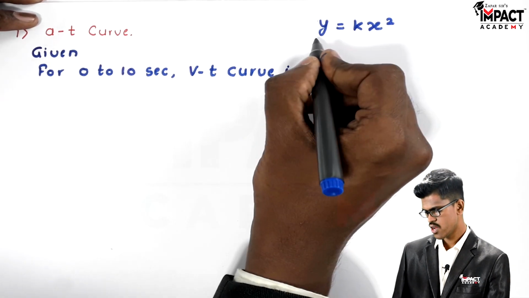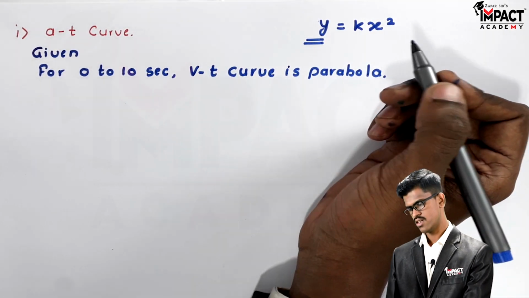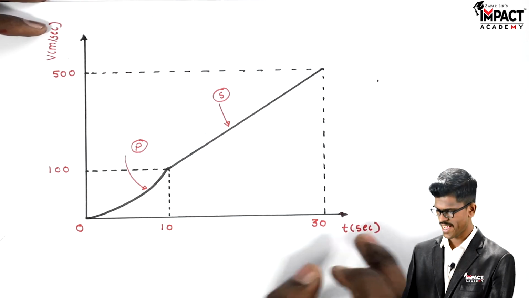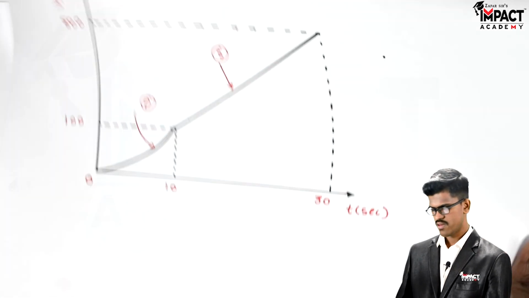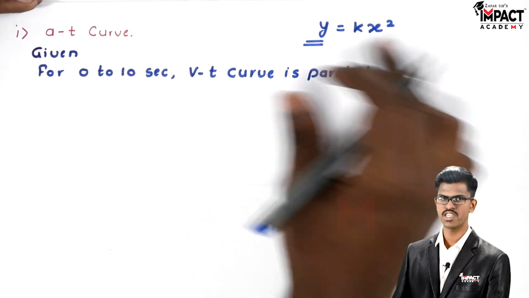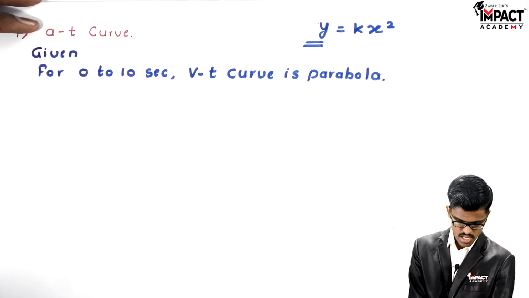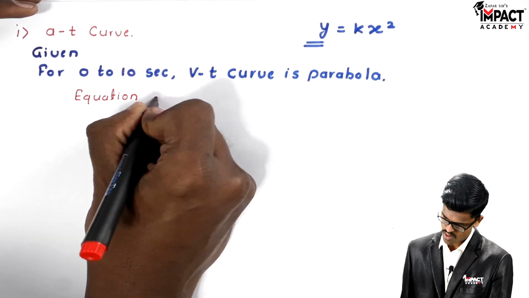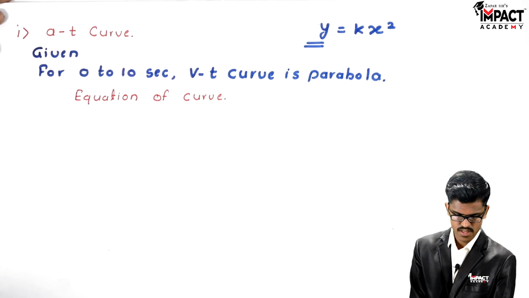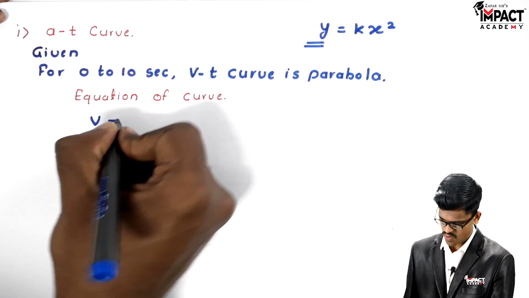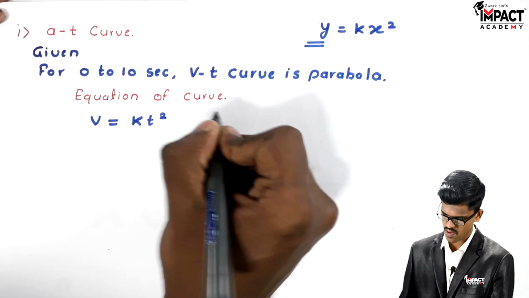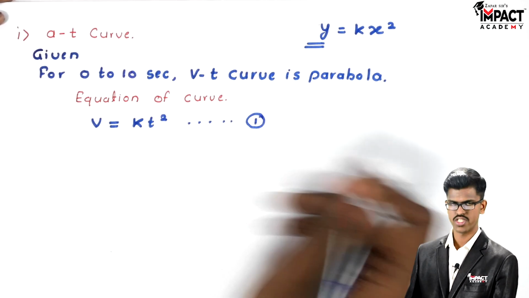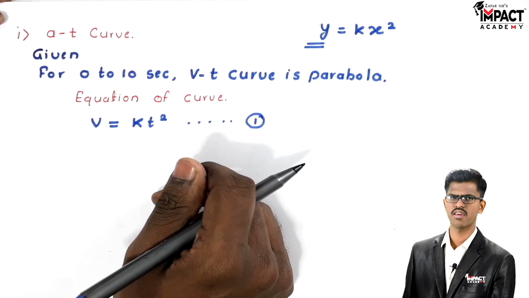Here on the y-axis in our diagram there is velocity, and on the x-axis it is time. So we substitute here, and we get the equation of the curve. The equation of the curve becomes v is equal to kt square. Here k is a constant, and we have to find k first.